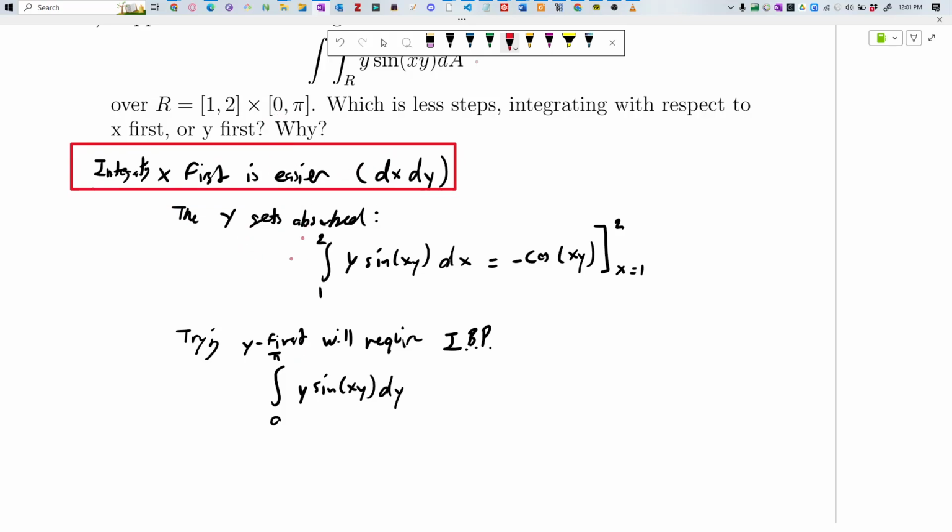And in answering, I'm contrasting, right? If I integrate with respect to x, I can easily do that. I can even just do that in this line here. But if I try to integrate with respect to y first, we can see this already involves integration by parts, and it's nasty, and I don't even want to start that process. So, all right, that's my answer for that.